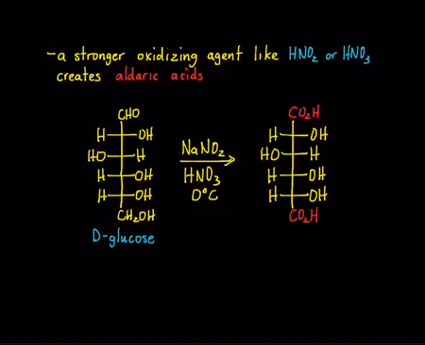So now I have two carboxylic acid groups, one at the top and one at the bottom. And this is what we refer to as D-glucaric acid, or glucaric acid. I typically say glucaric acid, but I think I've heard other people say it differently.